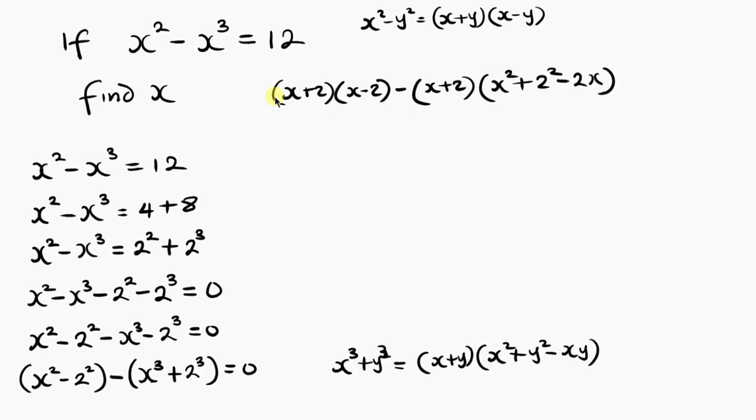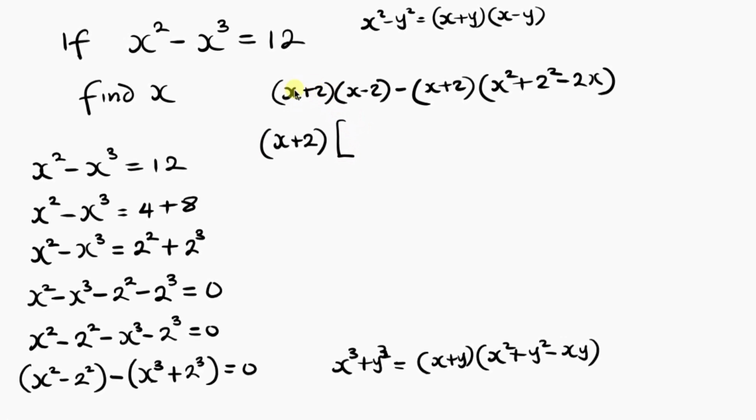I can find x plus 2 here, and I can also find it here, right? So because they are common, we have to factorize. So bring x plus 2 out, factorize it out. So now that it is out, what are we going to have left?